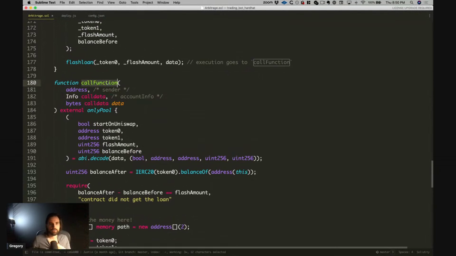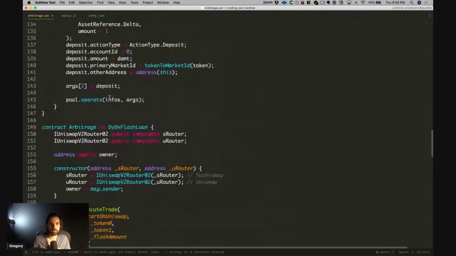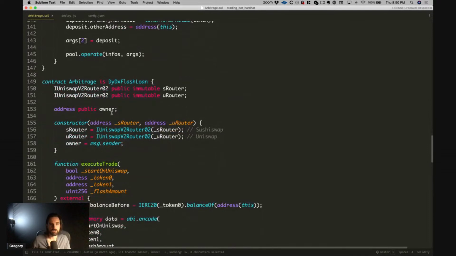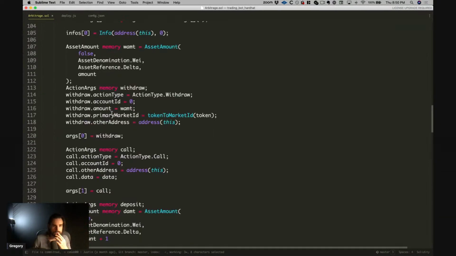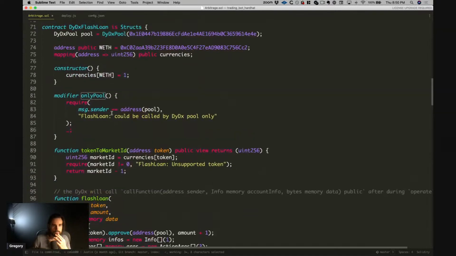Okay. DYDX specifies that you must have this function called call function on your smart contract that can only be called by the liquidity pool here, which we save the Uniswap, or sorry, we save the pool address. Okay. Which is up here, only pool. All right. Pool.